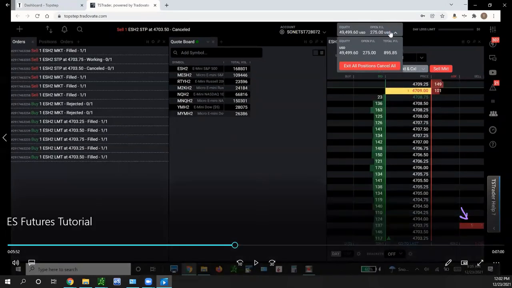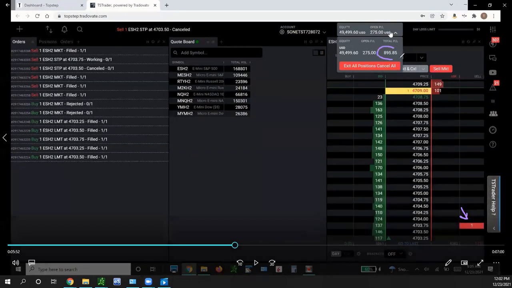And just to show where we're at this point in time, after taking profit on that contract, we have an open running P&L of $895 on the day. And again, $275 on this 1 contract remaining.